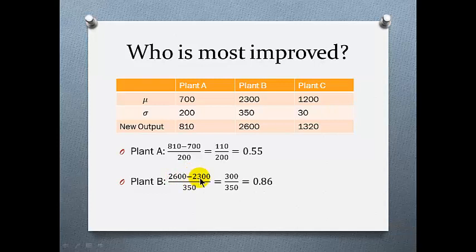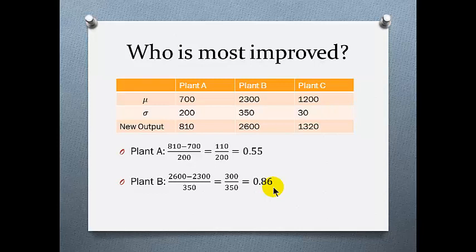We subtract the mean, 2,300, divided by the standard deviation of 350. So 300 out of 350, he increases 0.86 standard deviation. So he did do better than plant A.